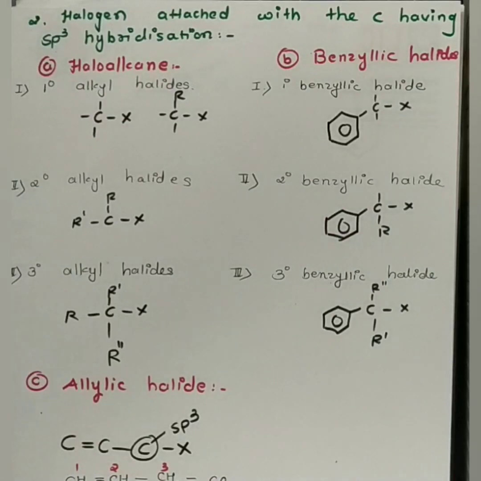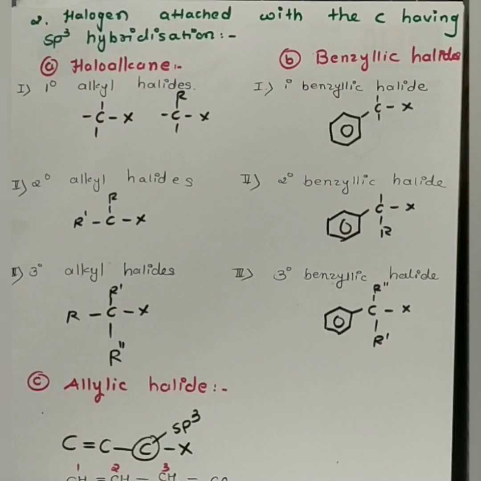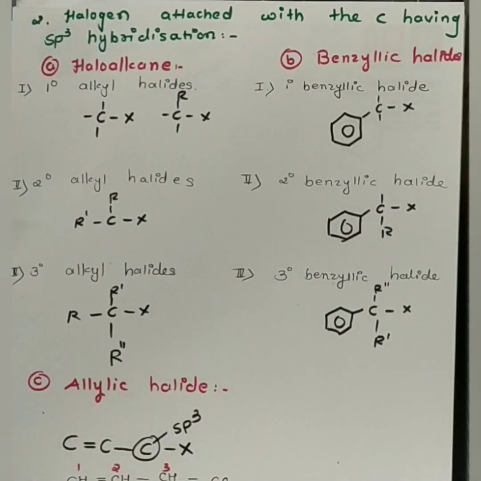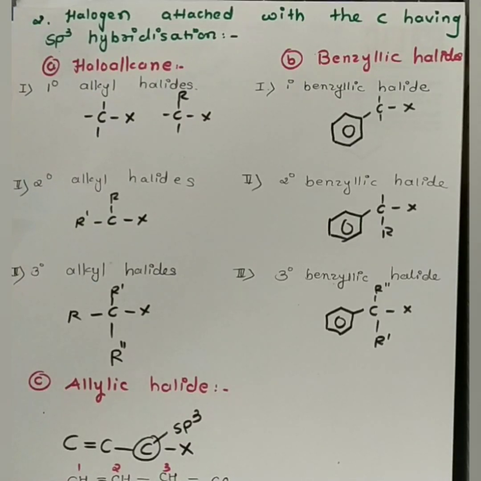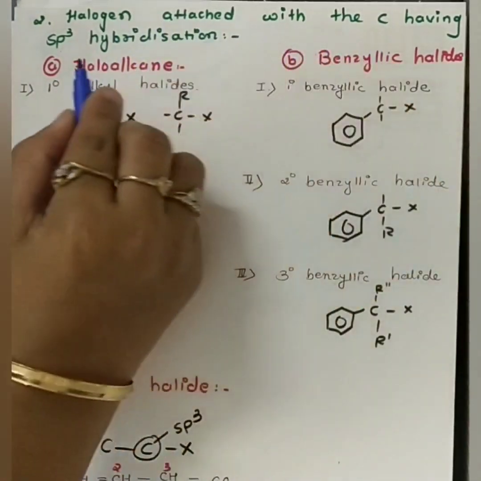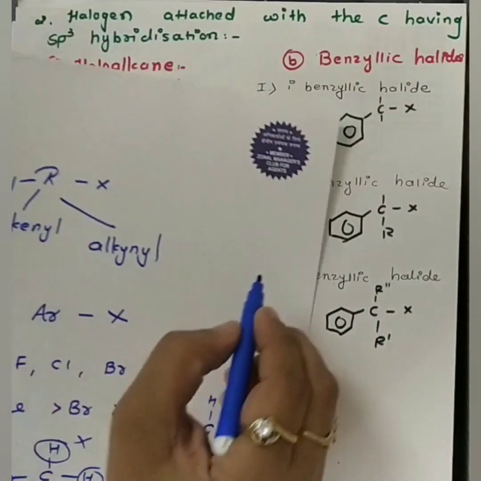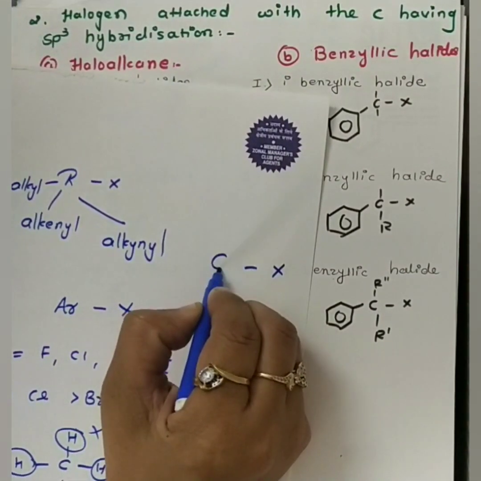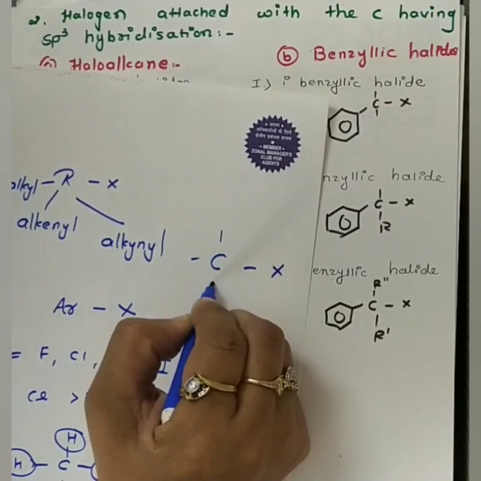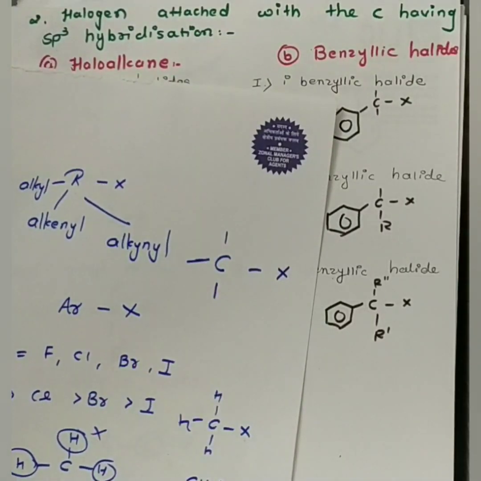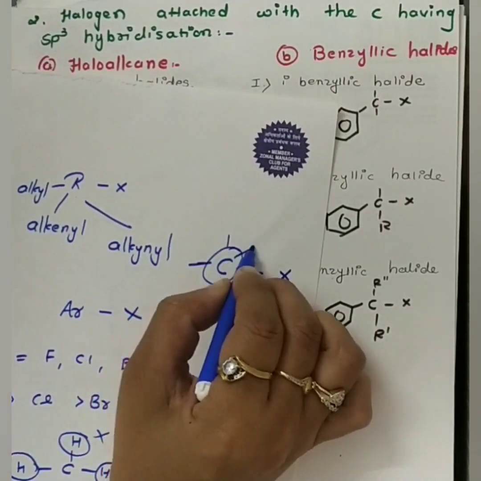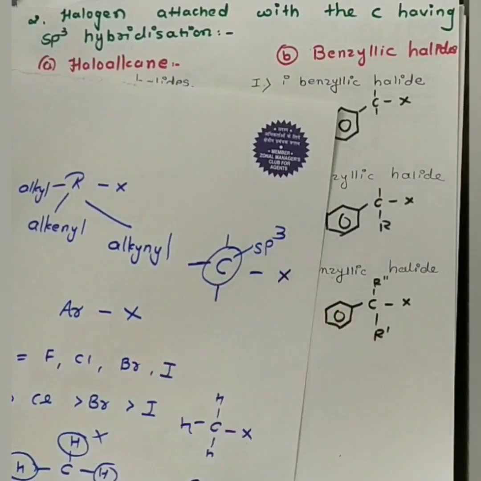Let's discuss the second classification. The first classification is based on the number of halogen atoms present. The next classification is halogen attached to a carbon having sp3 hybridization. Listen, halogen attached with the carbon. If this carbon has all single bonds, then only we can say that this carbon is sp3 hybridized.